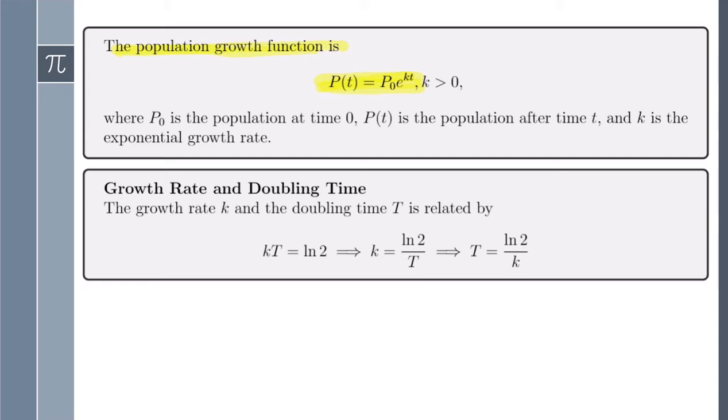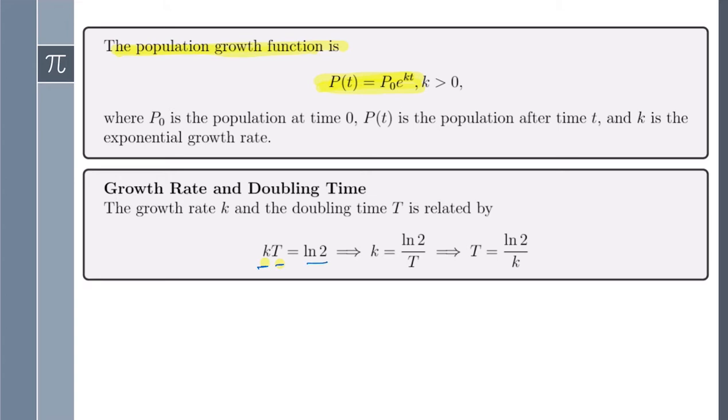There is a relationship between the growth rate and doubling time. Doubling time is the time required to double the population. For example, if we start with a population of 10,000, the time it requires to make that population 20,000 is the doubling time. The relationship is k times T, growth rate times doubling time, equals natural log of 2.